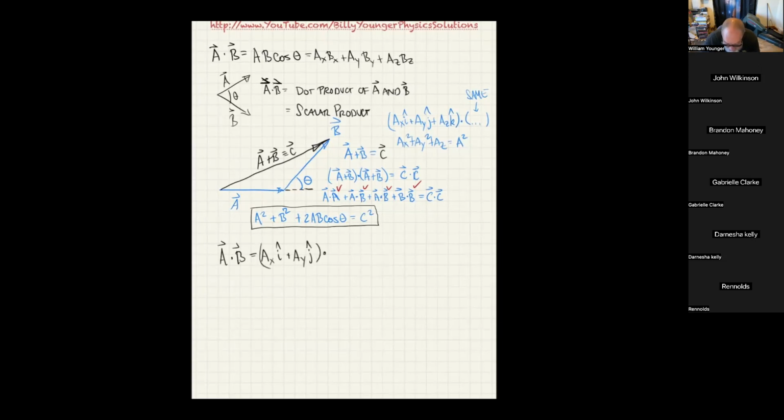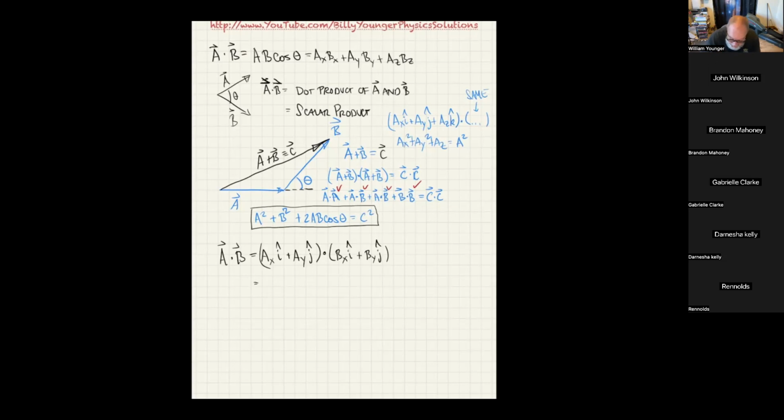That's the whole vector. I'm going to dot that with Bx i hat plus By j hat. Now, this is where I'm just going to use your familiarity with the process of multiplication of polynomials and just let you know that the dot product behaves the same way.